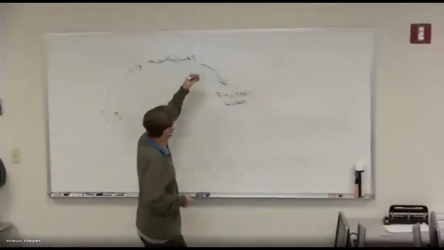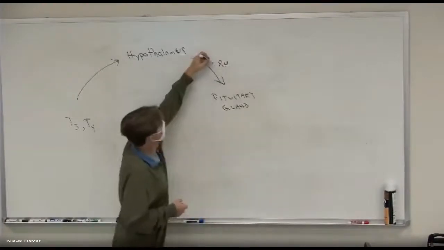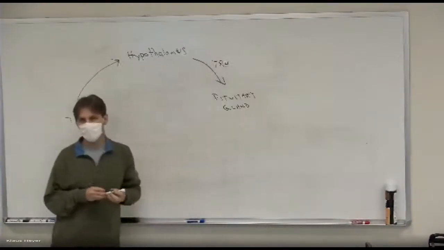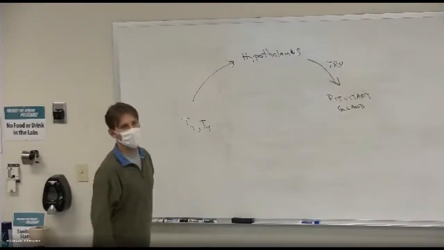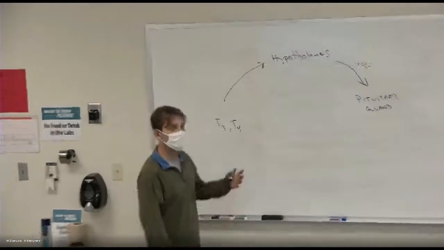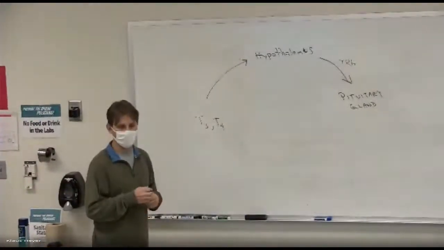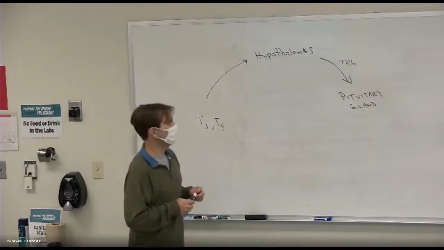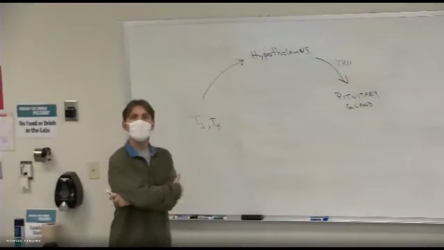And by the way, I'm just going to put a T. We can just say thyroid releasing hormone, thyrotropin releasing hormone. It's T because ultimately we're talking about the thyroid. It's the thyroid we want to change. So TRH, we can use the abbreviations.